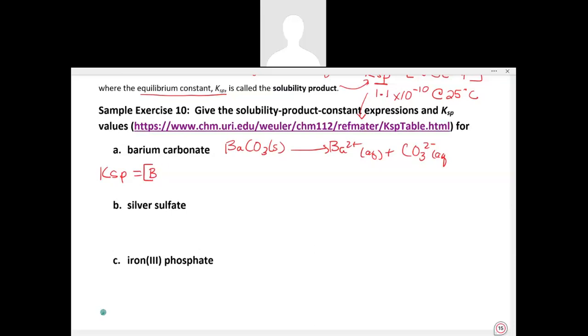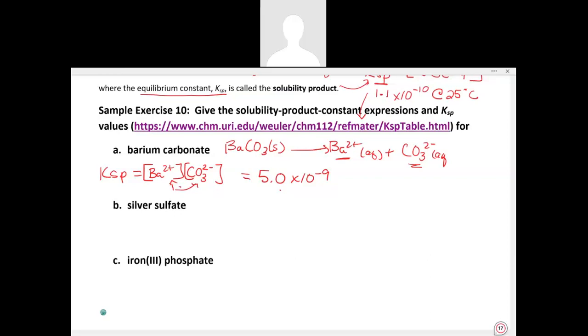So very similar to the barium sulfate example above, we're going to have our concentration of Ba2+ times the concentration of carbonate. So hence where we get a product here. So whatever's soluble ends up over here, and then we take the product of that. So that's where the name for our Ksp comes from. And then we're going to set this equal to what's given in the table. So now if we needed to solve for something, we could. We have our value, we have our Ksp expression.